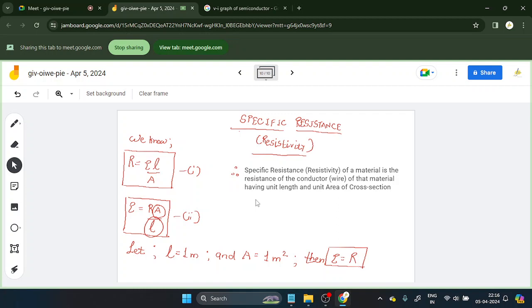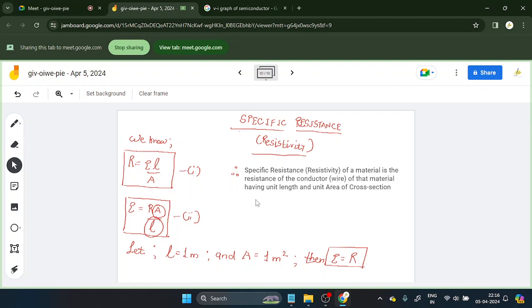Larger the value of the resistivity, more resistance it will offer. So it is different for different substances. Clear about this? Specific resistance also depends upon the nature of the material.